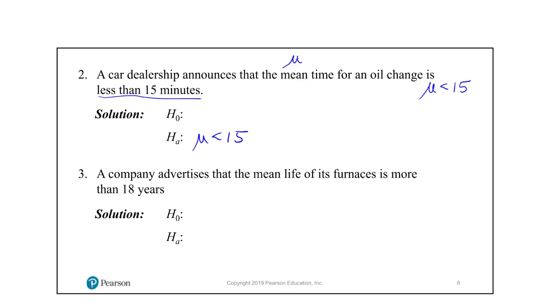Okay, so if it's not less than 15, what is the other part? Well, it would have to be mu greater than or equals 15, because I have to cover every situation. If one part of it was just less than 15, then all the rest must be greater than or equal to 15. Now, which was the claim? Well, the car dealership was saying that mu is less than 15. This was the claim.